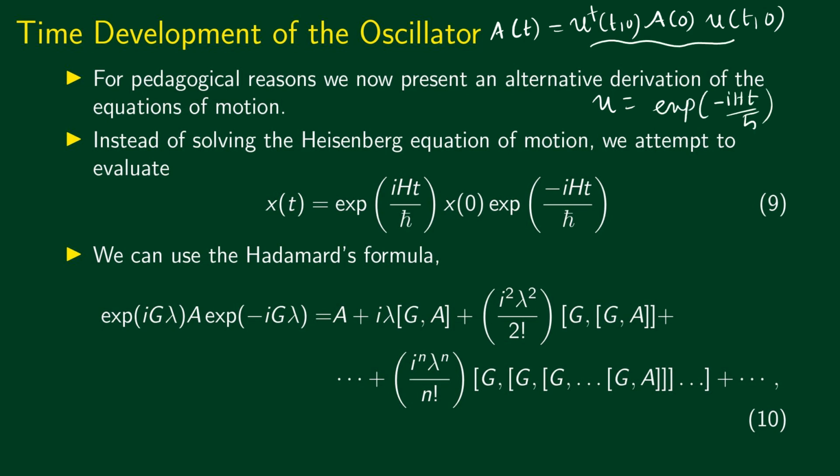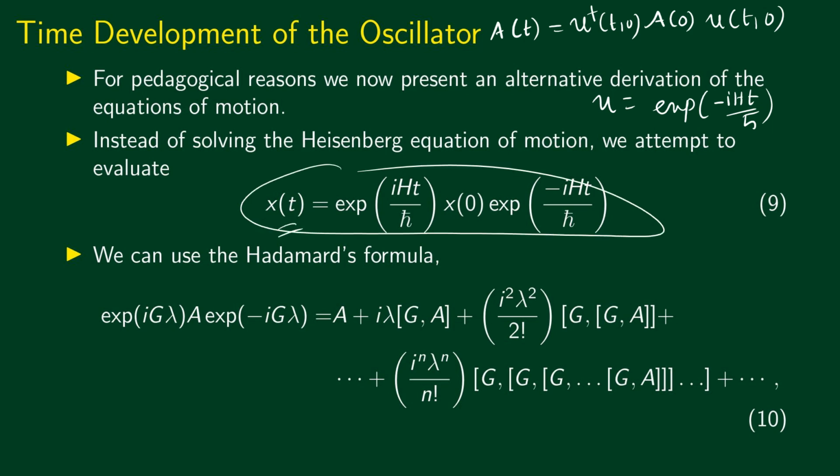So we can apply this formula directly for the position operator, and then we will have x of t is equal to exponential iHt divided by h bar, x of 0 multiplying exponential minus iHt divided by h bar. So instead of first constructing the Heisenberg equation of motion and integrating it, we can evaluate x of t directly using this expression.